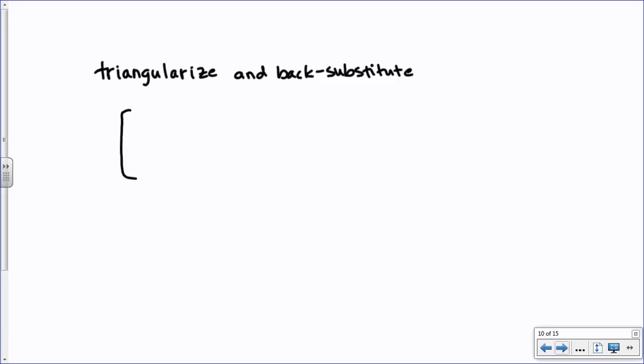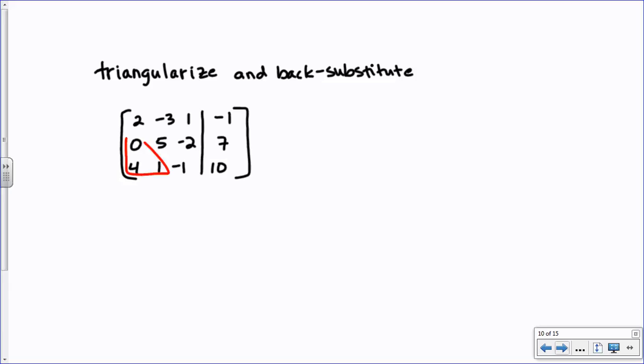So let's say this is the matrix we're starting with. Okay. So the first thing I want to do is triangularize.